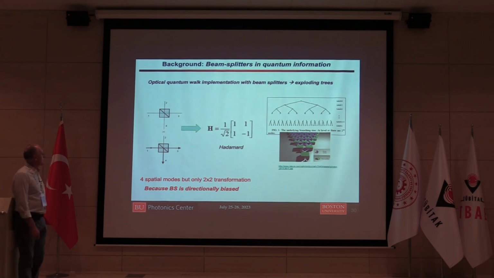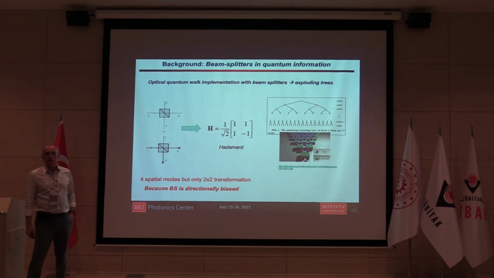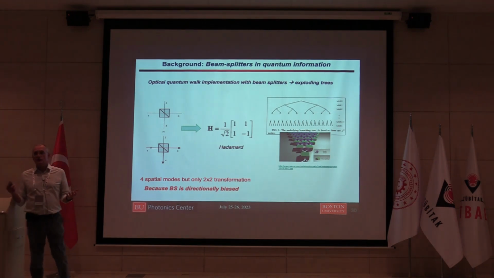As you can already see, 2 in, 1, 2, 3, 4 out. In principle, from the scattering theory, it's a 4-mode device. 1, 2, 3, 4. But the transformation is only 2 by 2. So there's a mismatch between the potential capacity and the execution.